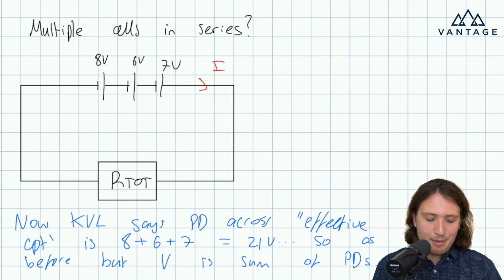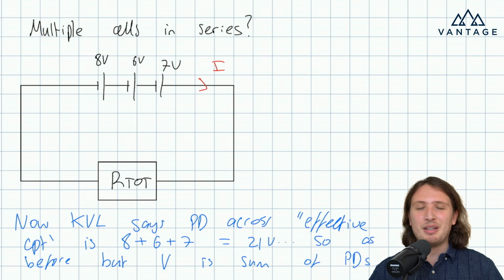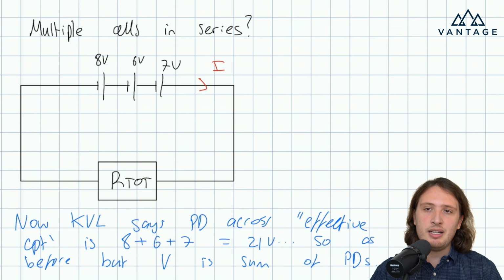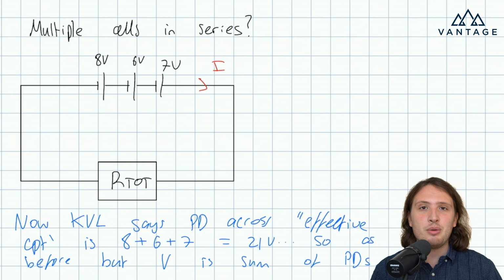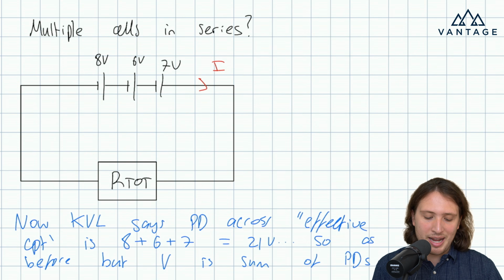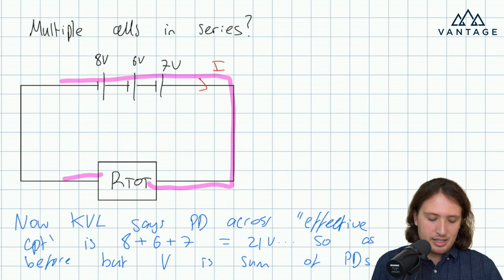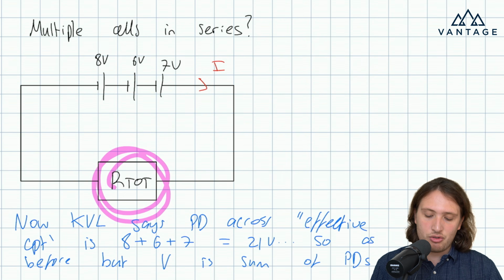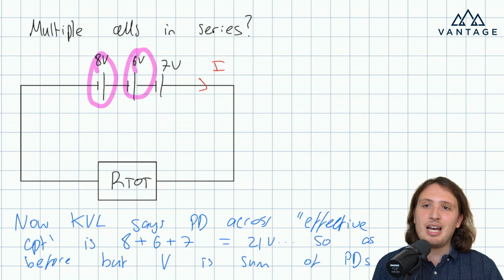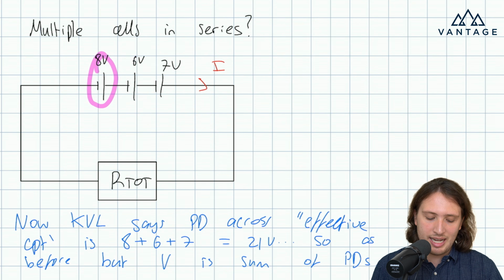The current is the same through each cell as through the component because everything's in series in this arrangement, so there's no splitting of current. The total resistive load is the resistance of my imaginary component, and the only difference is that now if I try to figure out the potential difference across my imaginary component, Kirchhoff's voltage law applied to this closed loop around the circuit now tells me that the potential dropped across this is the same as the sum of the potential differences across the cells.